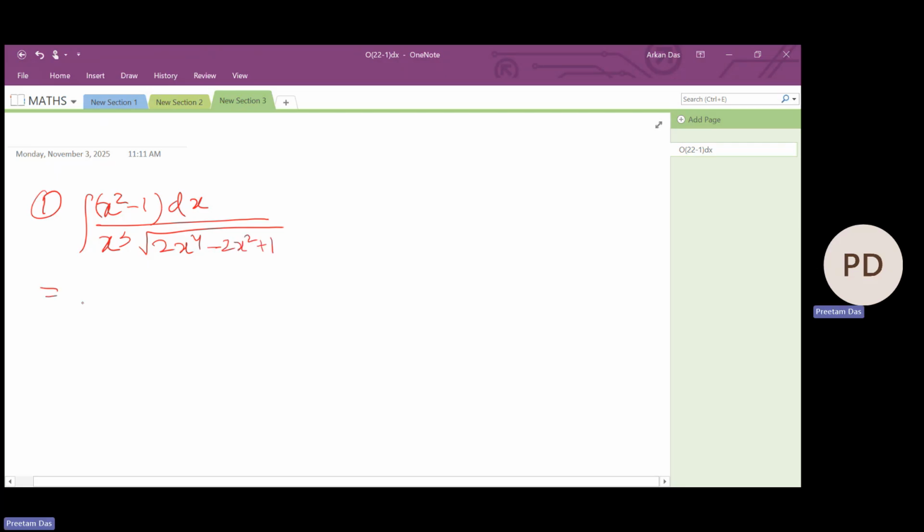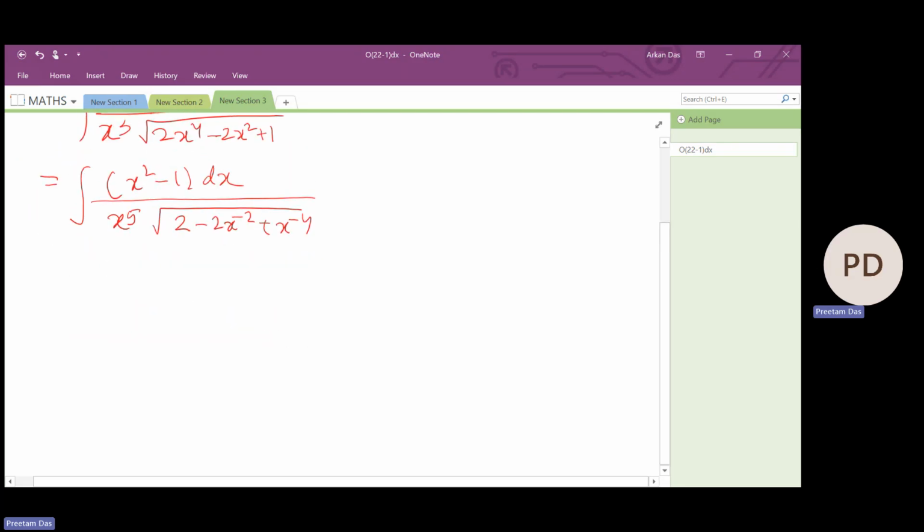So how do you solve such questions when you have square root and an algebraic expression? You take out factors common from it. So from here in this part, I'll take x raised to 4 common. Now when I take x raised to 4 common from that, after square root it becomes x square. So that becomes x raised to 5. And what happens here in the inside, it becomes 2 minus 2x raised to minus 2 plus x raised to minus 4.